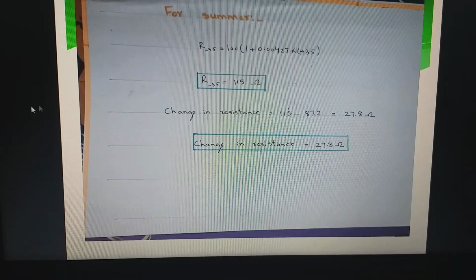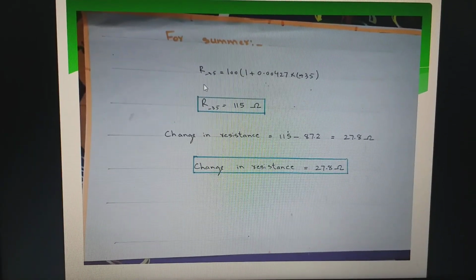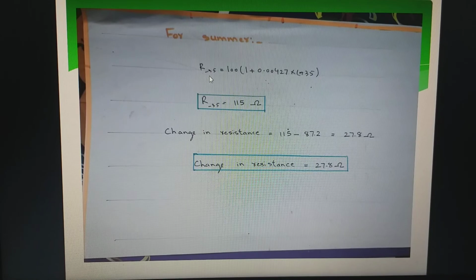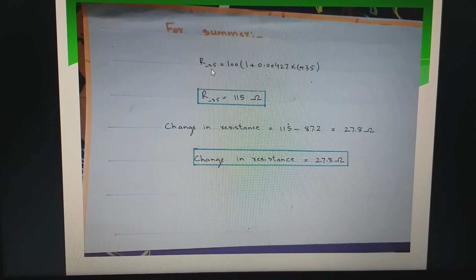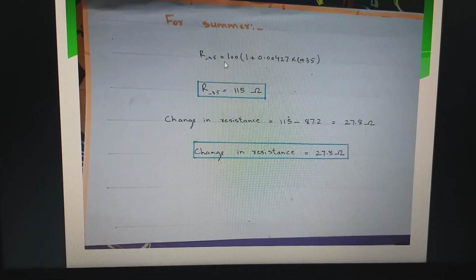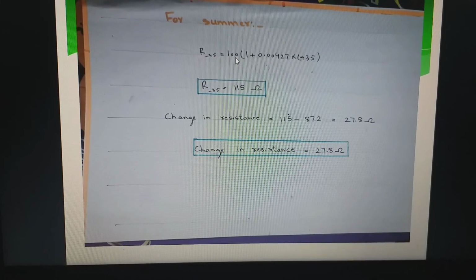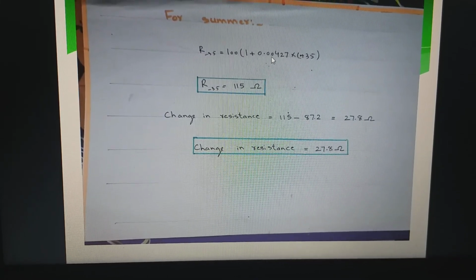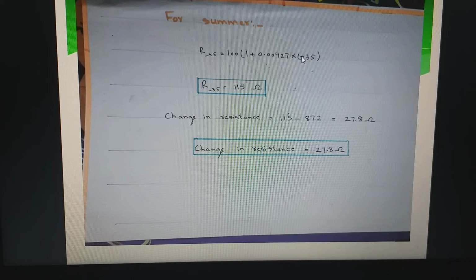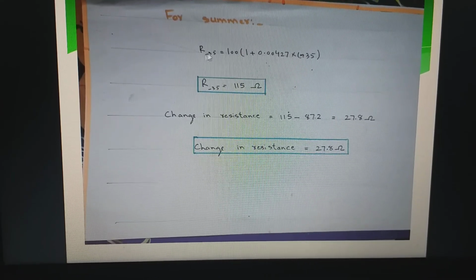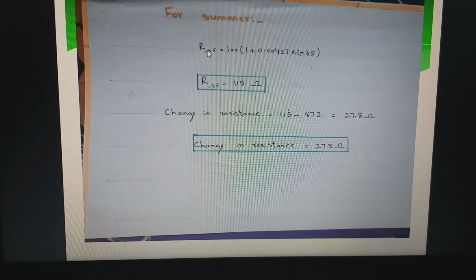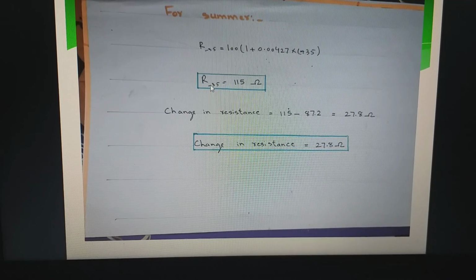Now, for summer, we write down the same formula. RT, and what is T? R at 35 is equal to 100 into 1 plus 0.00427 into the value. So here it is positive 35, remember.